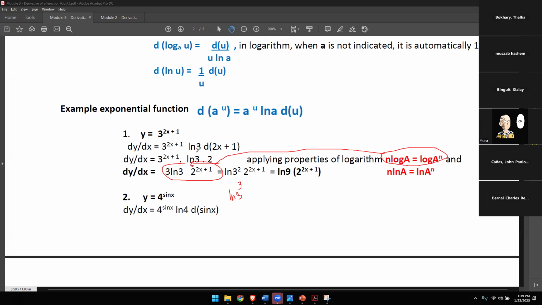Let me just verify. It's 2. Why did it become 2? Unless it's really a typo.